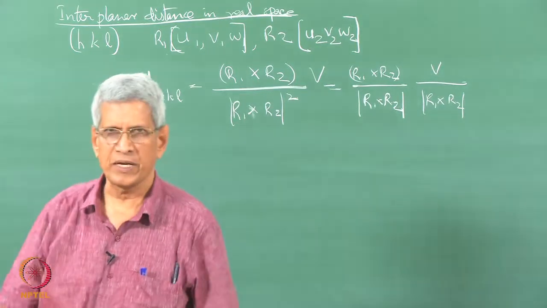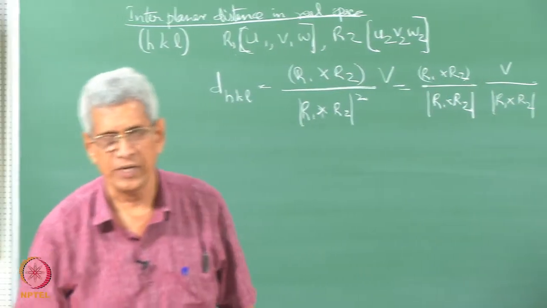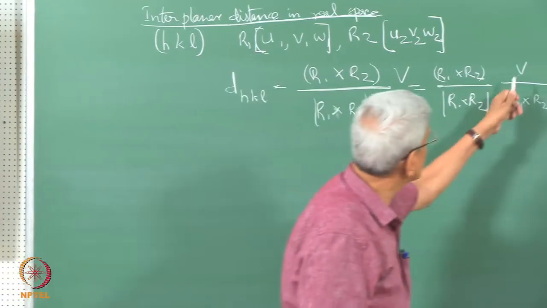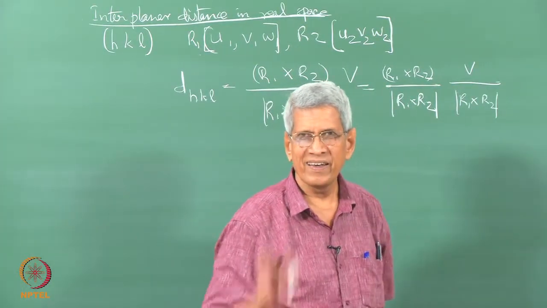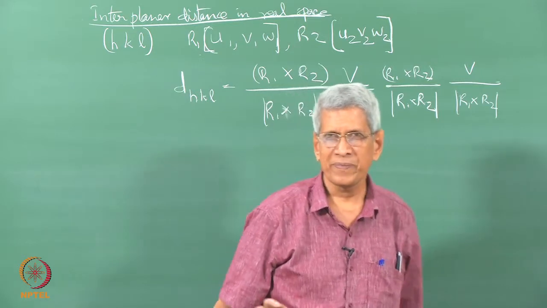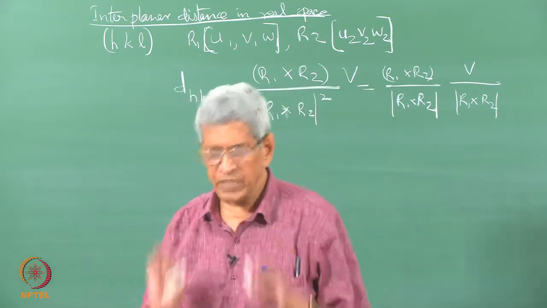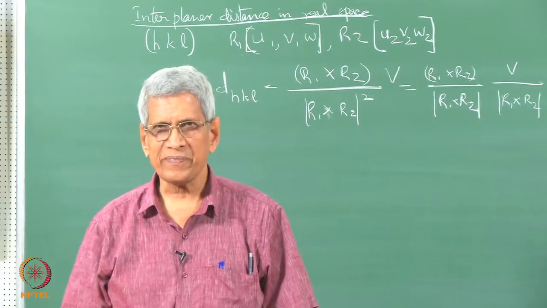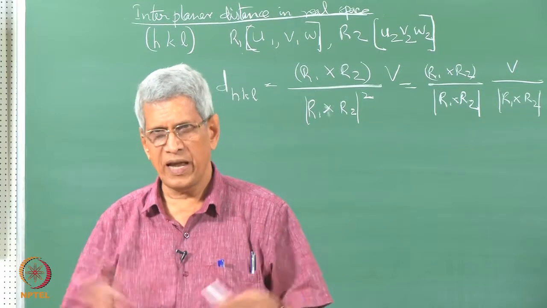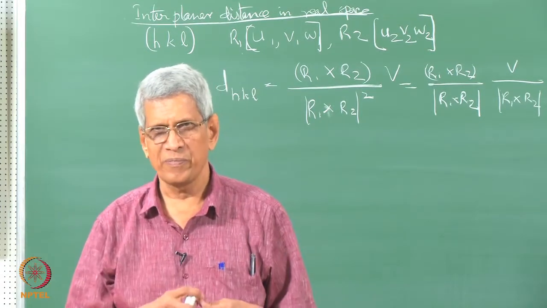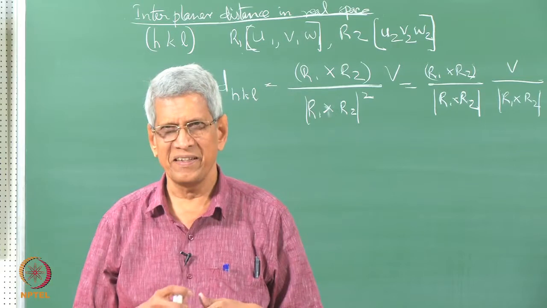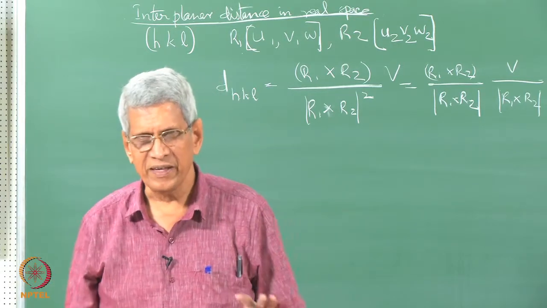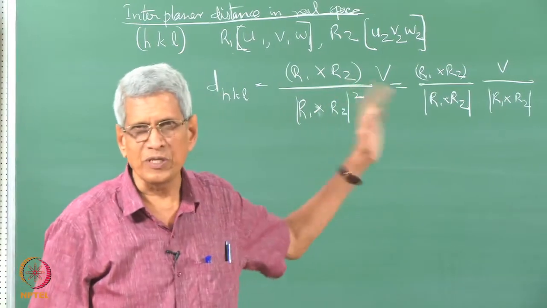This is how this expression is being used. But what is essentially important is that in this case we should know what the volume is going to be. Generally the lattices could be simple lattices, and we know how to find out the volume. If it is a triclinic lattice, how do we find out the volume? That is the most general case which we can consider. So, we will come to how to determine this volume.